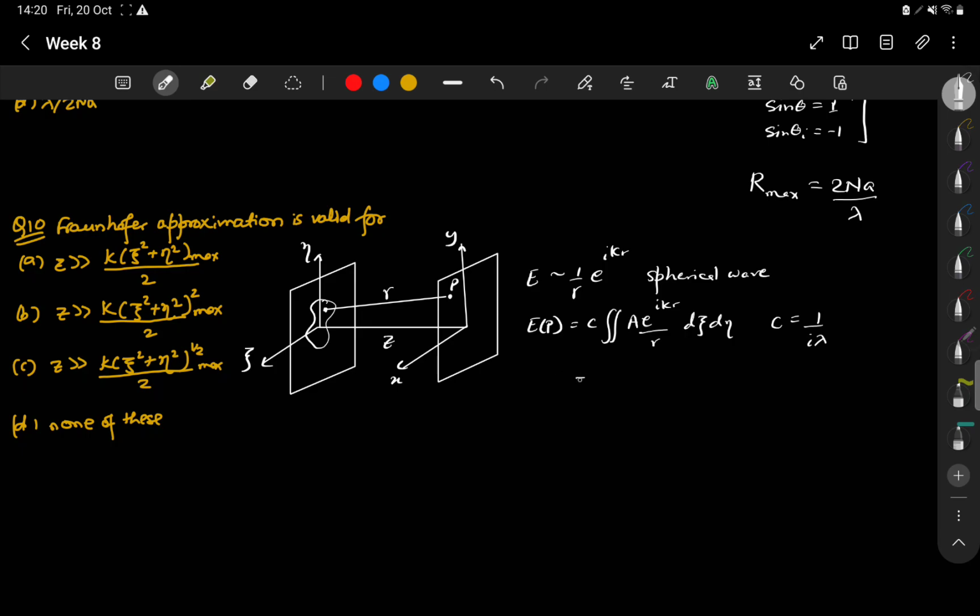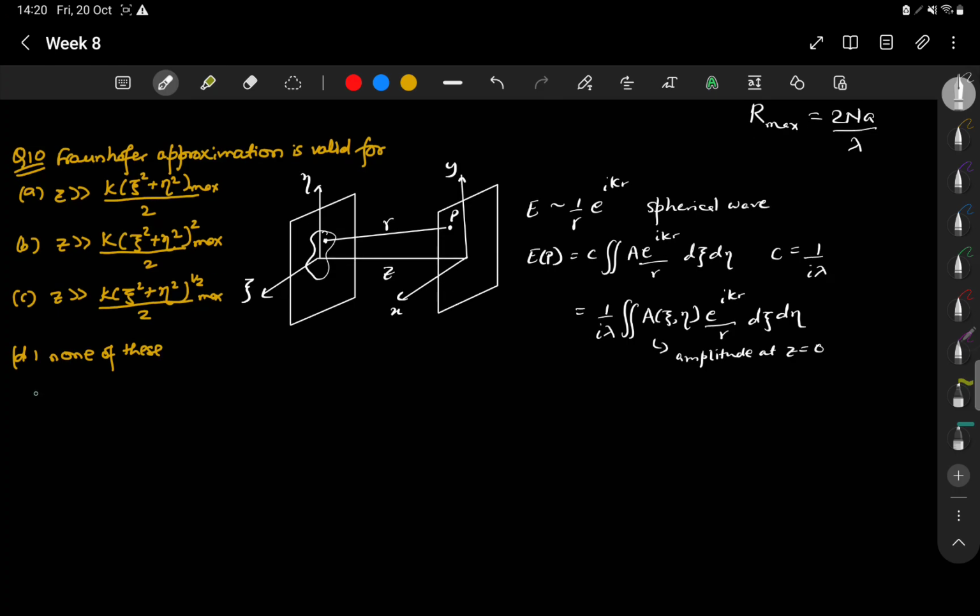So this gives me the following. And this A is the amplitude at z equal to 0.